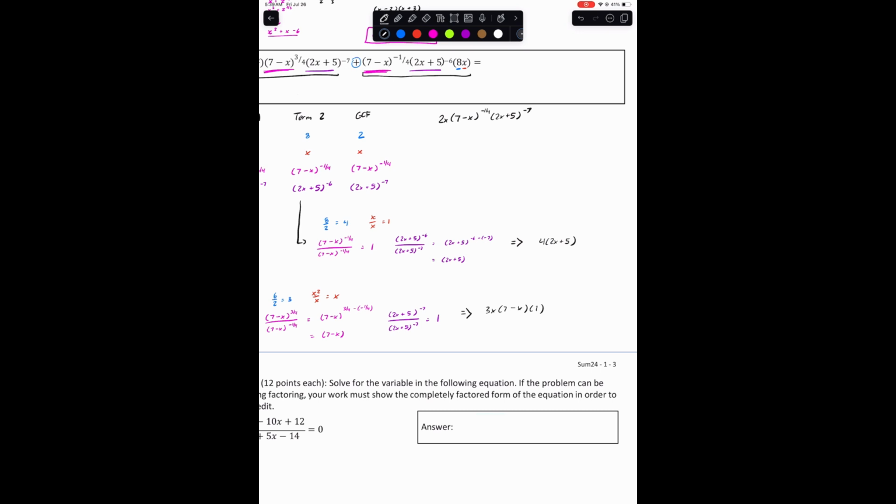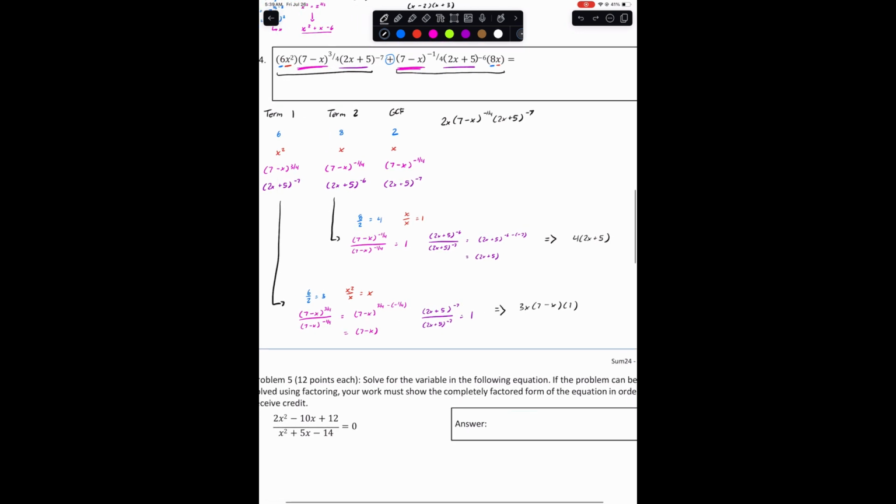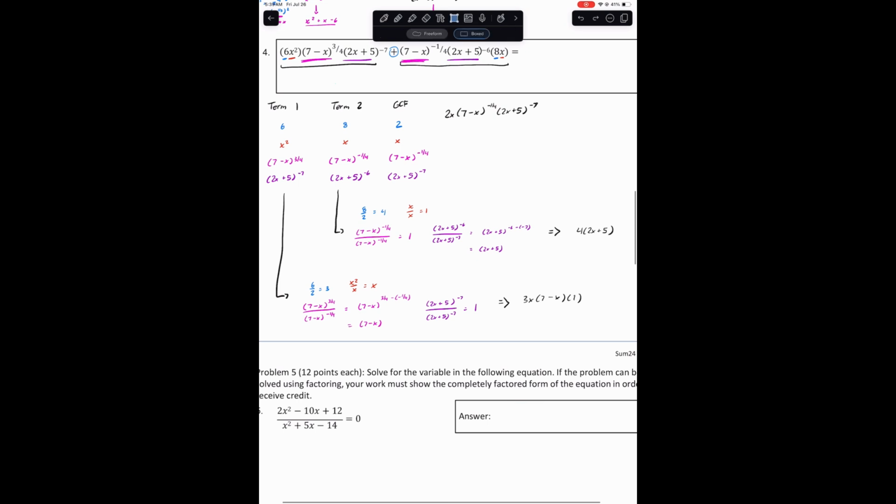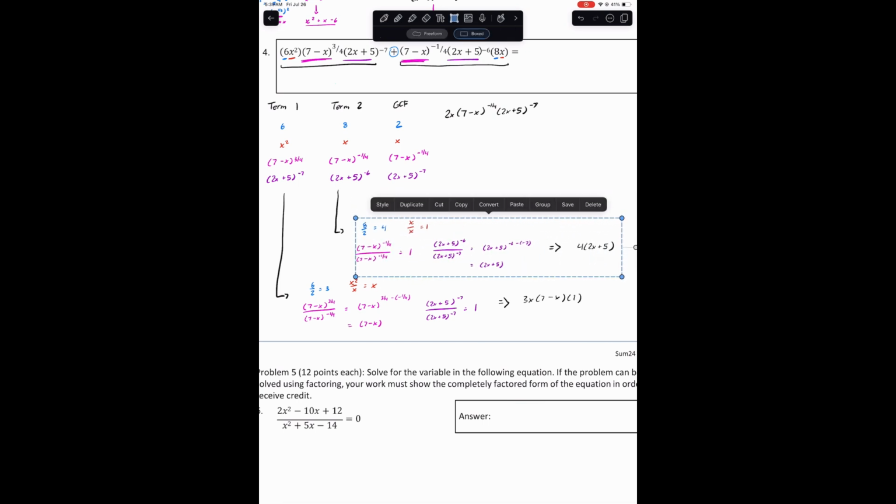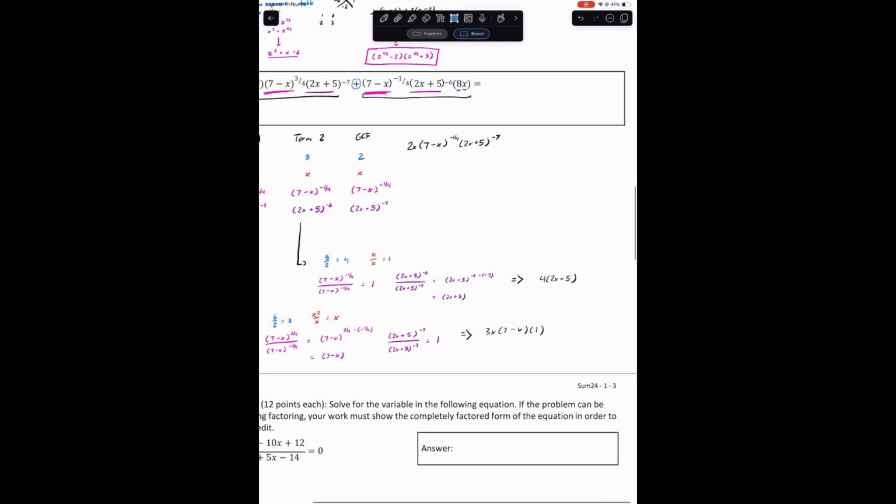And that means next to my common factor, I will get 3x times 7 minus x plus 4 times 2x plus 5.